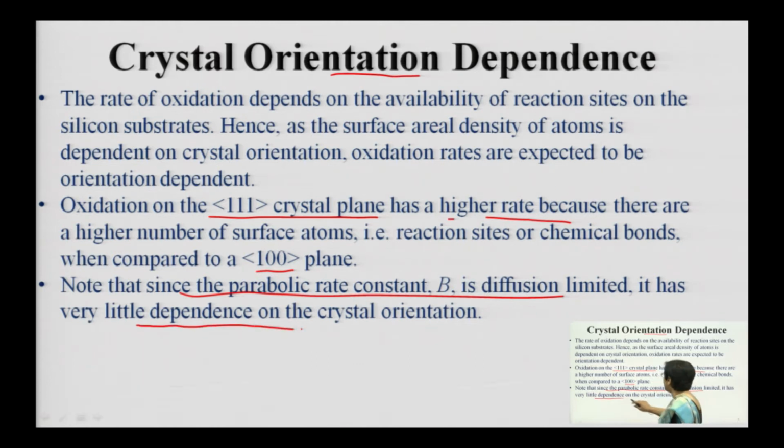If you have a reaction limited case, it means you have more species ready to react with the oxidizing species, so more atoms are available to react with silicon and form silicon dioxide. That is why, under the reaction limited regime, you will have more impact as far as your crystal orientation is concerned.